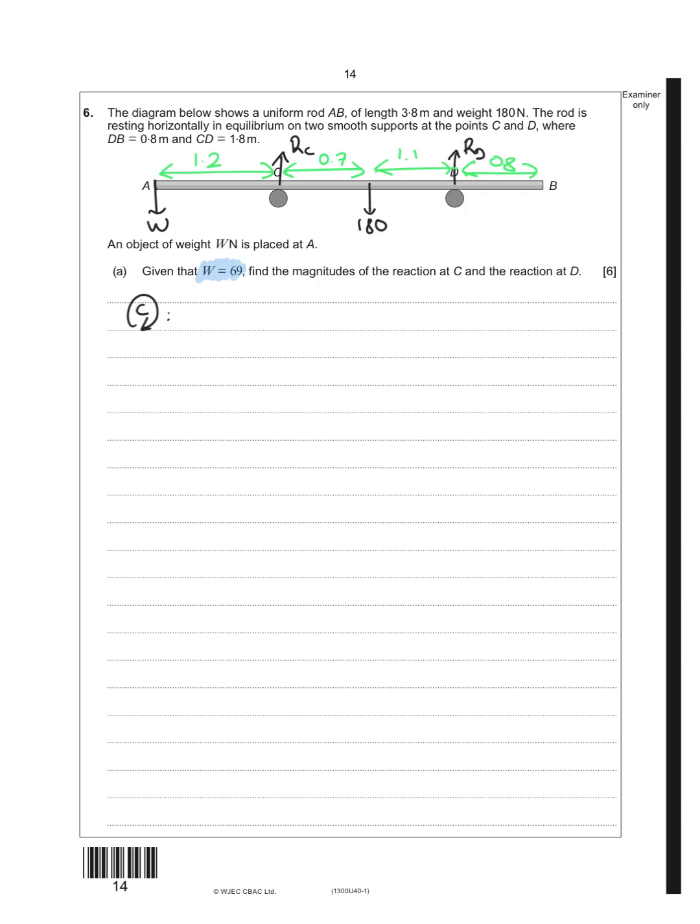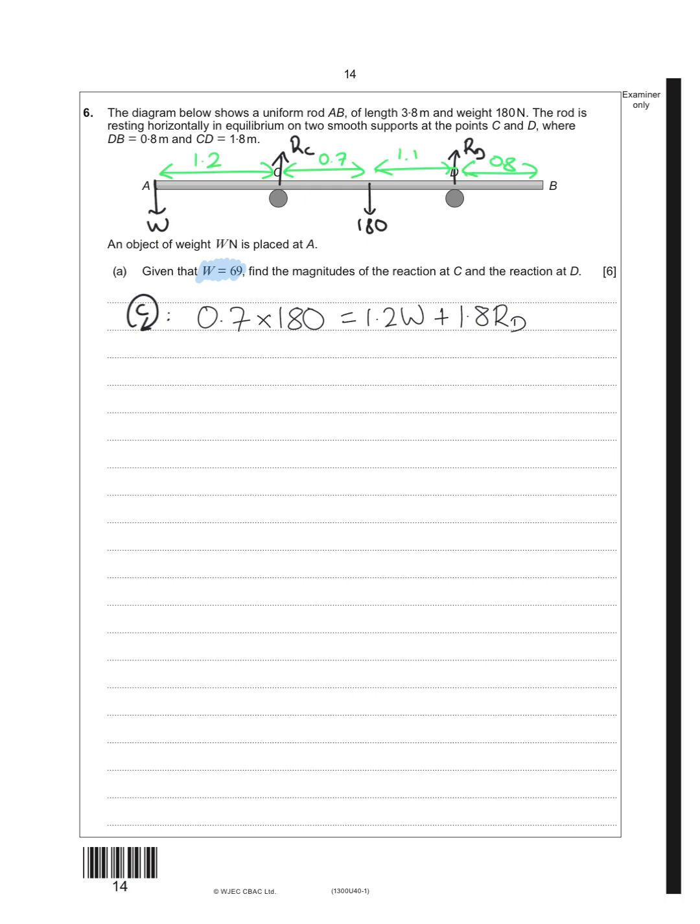They're going to be rotating in the same direction, and then the weight of the rod is going to be going in the opposite direction, so the clockwise direction. So let's do that one first of all. So I know that 0.7 times 180 is going to be equal to 1.2W, and I will sub W in a minute, plus 1.8 lots of RD.